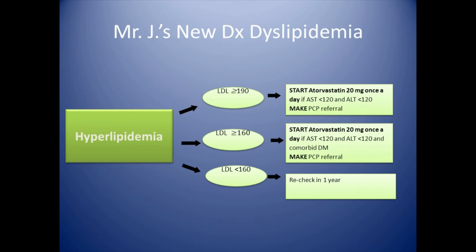Similarly, for patients with an LDL greater than 160, we recommend initiating Atorvastatin. Both of these groups require a primary care referral. For patients with an LDL of less than 160, we recommend rechecking in 1 year.